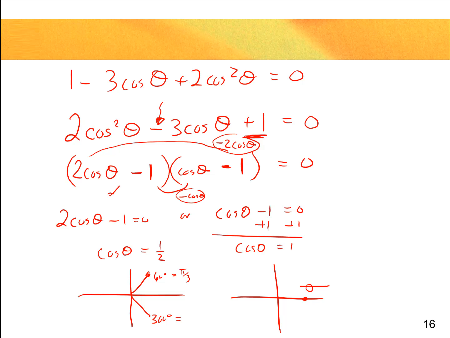This one is just going to be 0. Alright, that is going to be 5 pi over 3. Okay, so guess what we have to do? We have to check each of those back to the original equation to see if they all will work out.